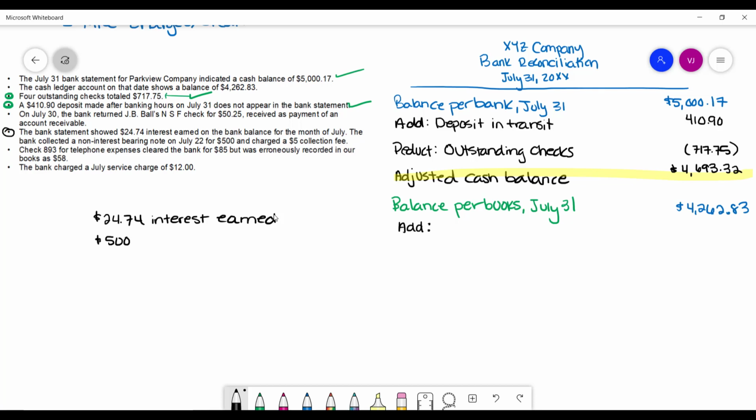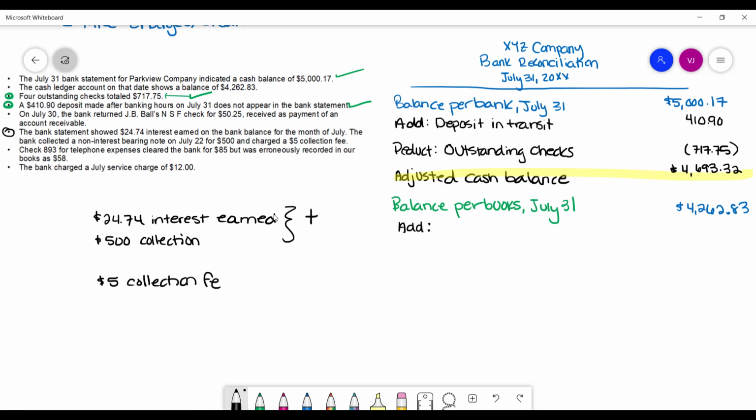The bank collected $500 from a customer for us, and we haven't yet recorded that. But the bank charged a $5 collection fee. So these two represent additions, but there's a $5 collection fee that we will adjust separately.